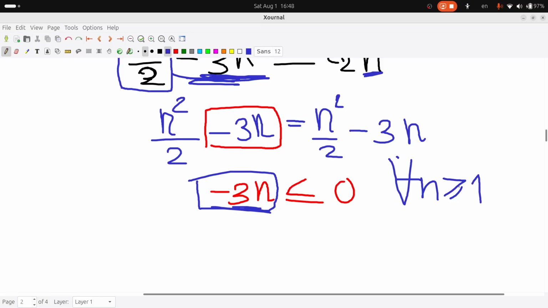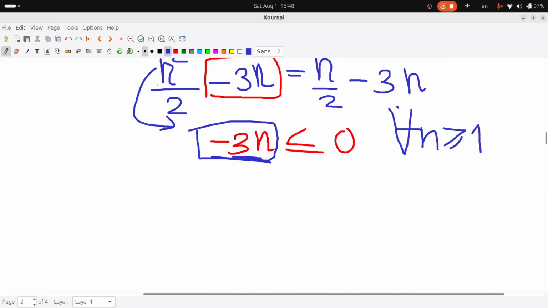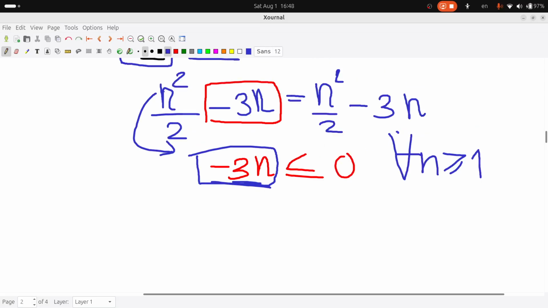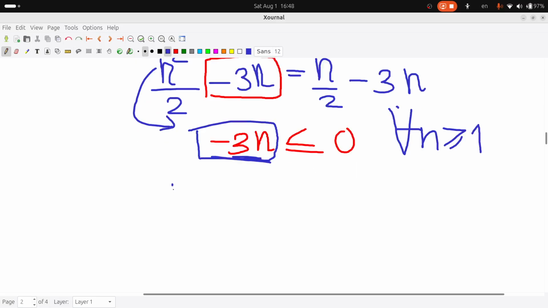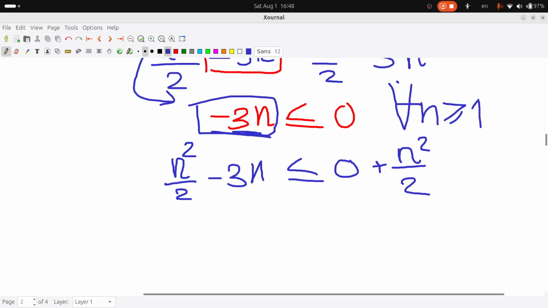And we do the same, we try to combine this, and it will be transformed to n squared. That is, we add both sides of the inequality by n squared divided by 2. That is n squared divided by 2 minus 3n, and 0 we add by n squared divided by 2.